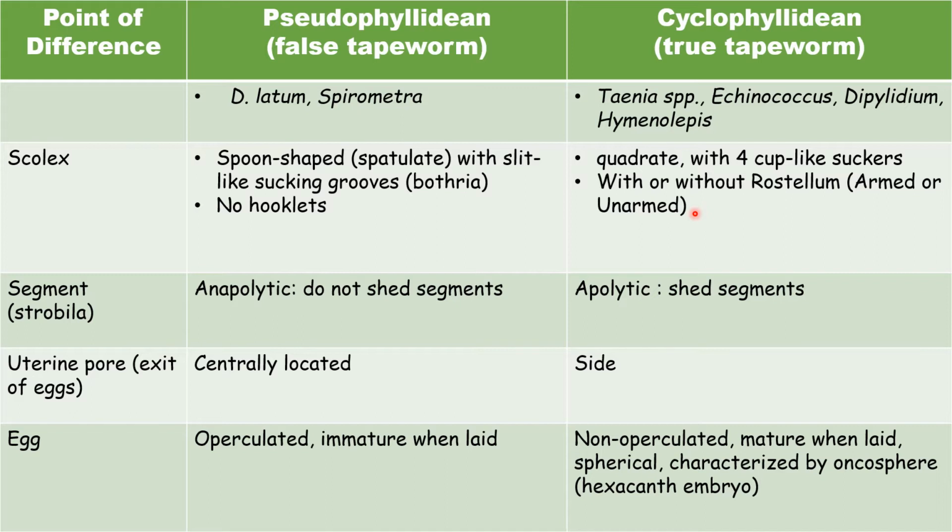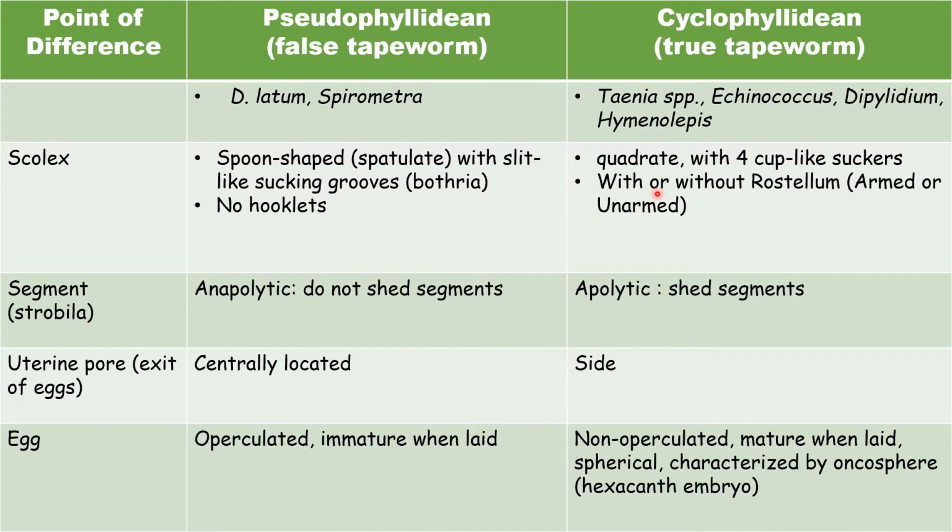is based on their scolex. The picture I presented to you is an example of a Cyclophyllidea, wherein there is presence of four cup-like suckers, or acetabulum. Okay? And it can be associated with or without rostellum, armed or unarmed rostellum.